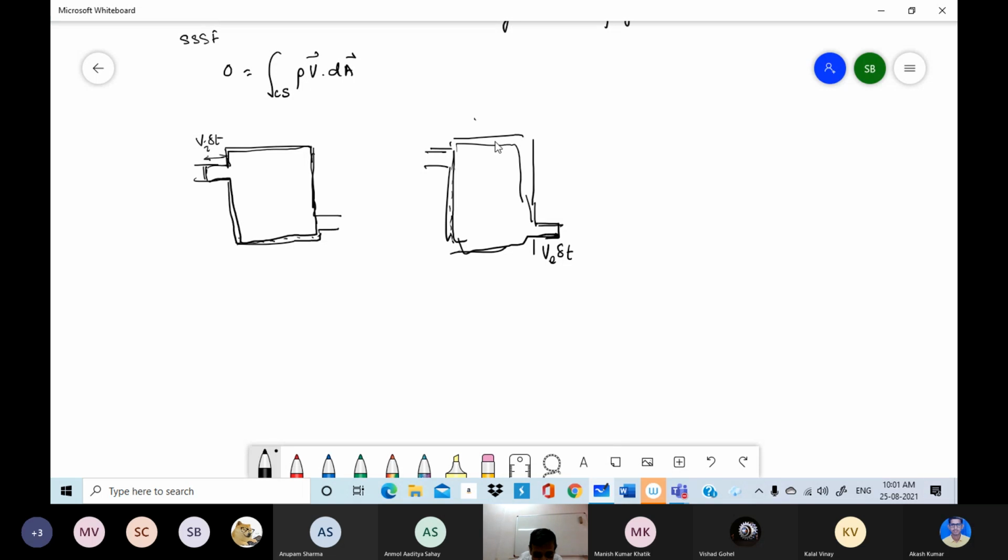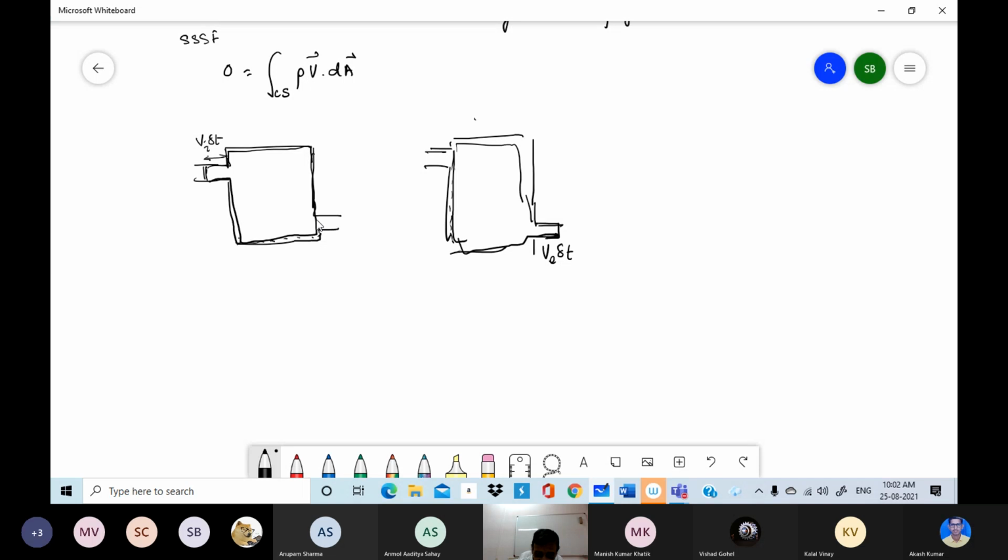Let's say this rectangular box is my control volume, and I have an inlet on the left hand side and an exit on the right hand side. Let me also make the simplifying assumption that velocity and all properties are uniform across the inlet and across the exit. In reality, the velocity will have a certain profile, but in most engineering calculations, we replace it by the average velocity.